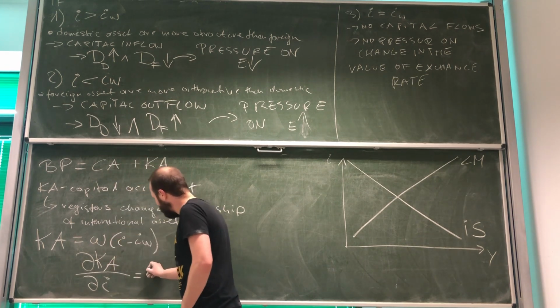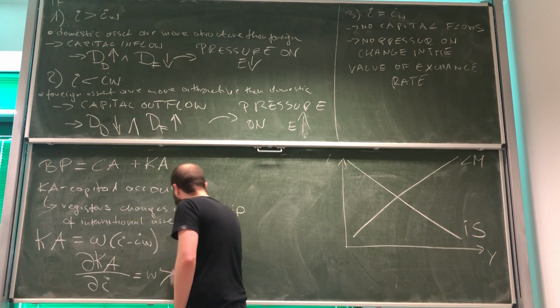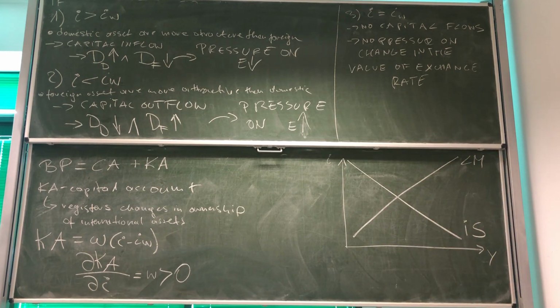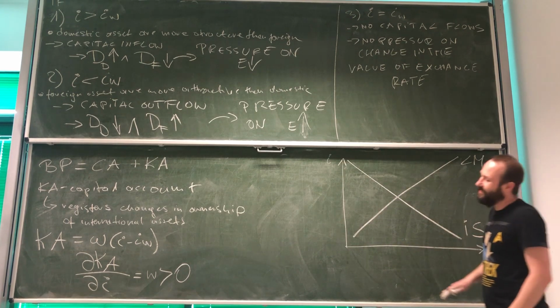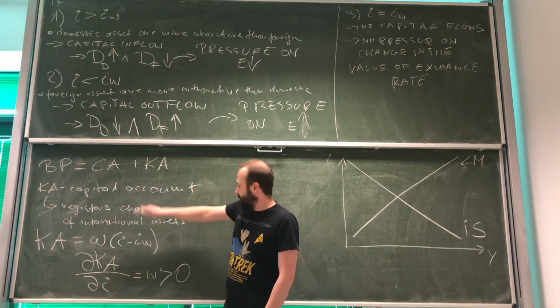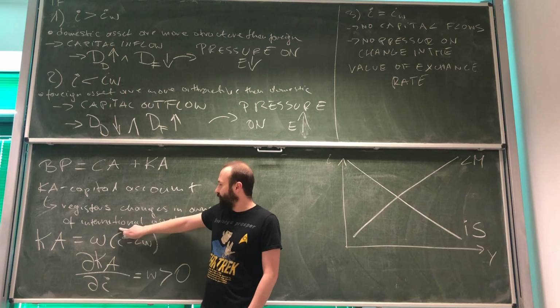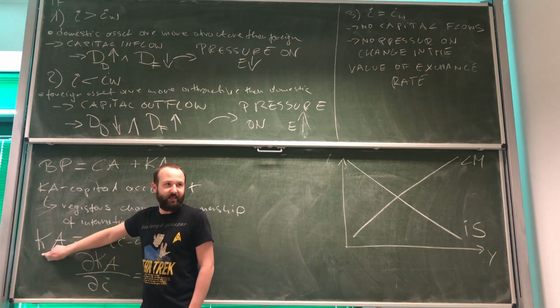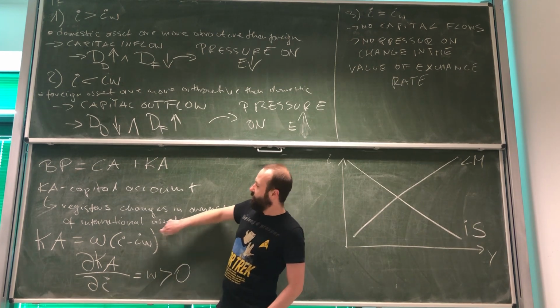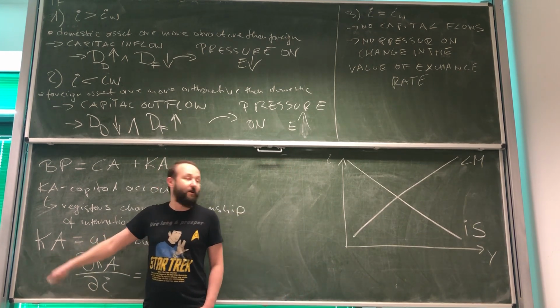But it's equal to W. And this is how we get the last element of the model, which is W, and we see that this coefficient must be positive. Because only then, if the interest rate in our country increases, we see capital inflow, and when the interest rate in the rest of the world increases, we will see capital outflow.